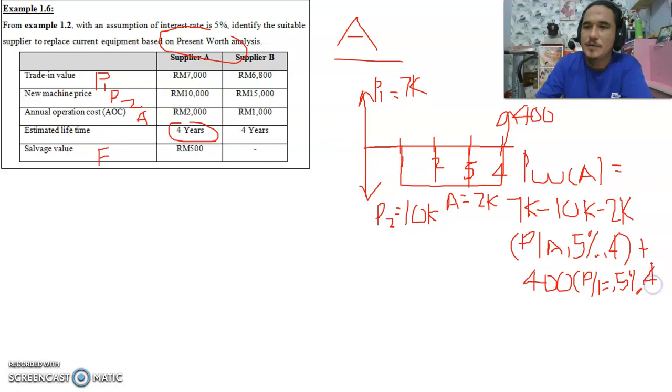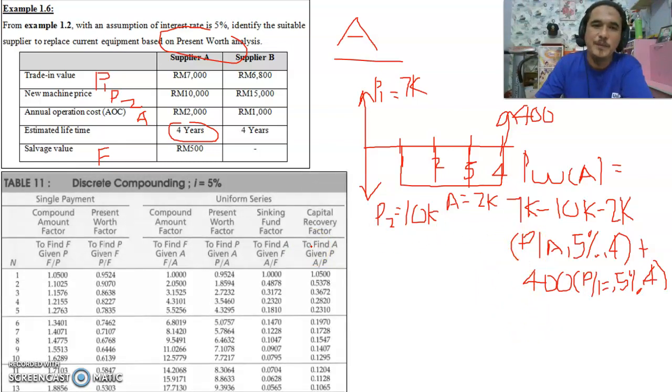Now we have 7k minus 10k minus 2k times the factor P given A 5% for 4 years, plus 400 times P given F 5% and 4 years. How do we find the factor of P given A? We use table 11. You can refer to table 11, which is for compound interest at i equal to 5%, because our interest rate is 5%, and 4 years.